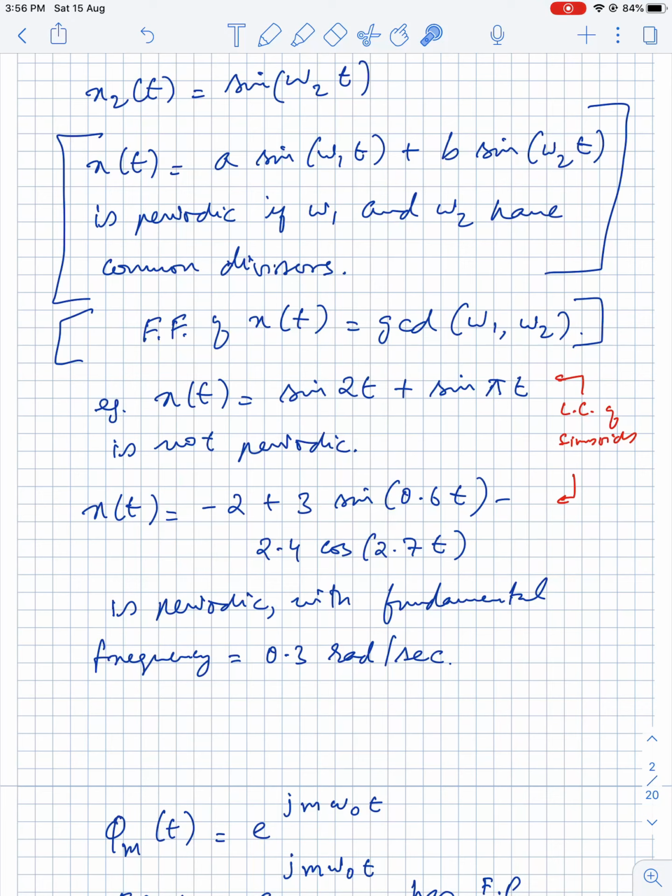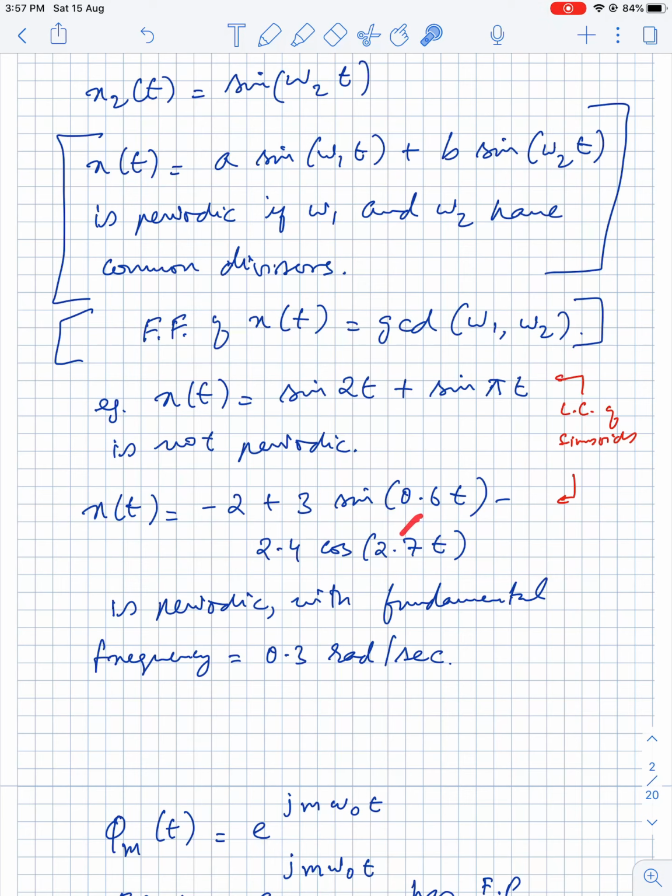As an example, if you have sine 2t plus sine pi t, 2 and pi have no common divisors, so x of t in this case is not periodic. But if you write x of t as minus 2 plus 3 sine 0.6 t and 2.4 cos 2.7 t, this is a linear combination where one frequency is 0, of course, the omega 1 here is 0.6 and the omega 2 here is 2.7.